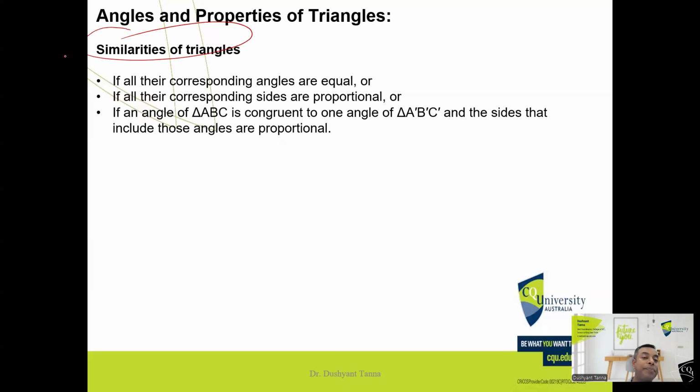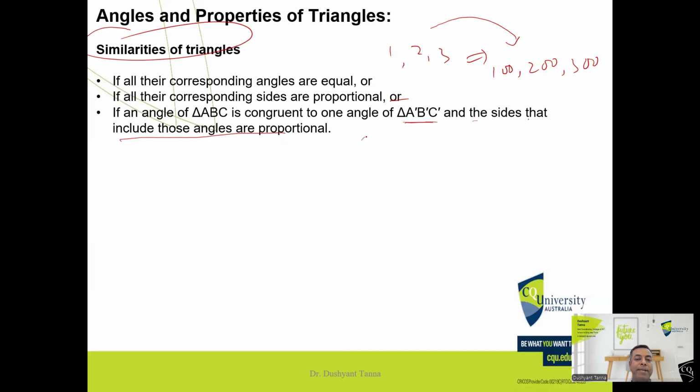In terms of the triangle, all the corresponding angles are equal. All corresponding sides are proportional. When I say proportional, if one triangle has sides 1, 2, 3, the other could be 100, 200, and 300. That's called proportional. They are multiplied by some constant number. Or the third condition is that an angle of ABC is congruent to one angle of the other triangle, and the sides that include those angles are proportional.